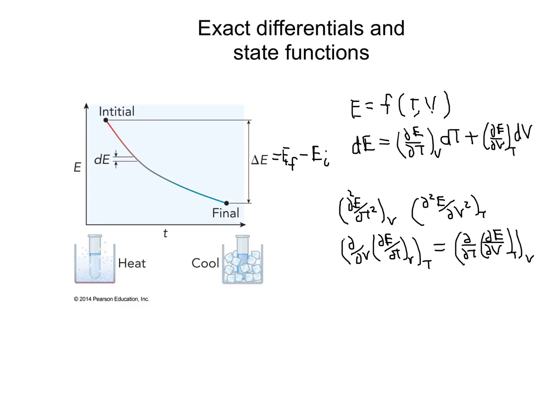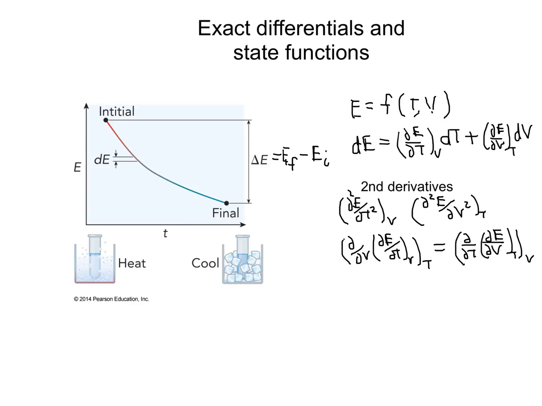2 of these derivatives keep the same variable that we're taking the derivative with respect to. So either I take the first derivative with respect to temperature and then take the derivative with respect to temperature again, all at constant volume, or do that with respect to volume, all at constant temperature. But the other 2 are mixed second partials because the first derivative is taken with respect to temperature at constant volume, and then the second is taken with respect to volume at constant temperature.